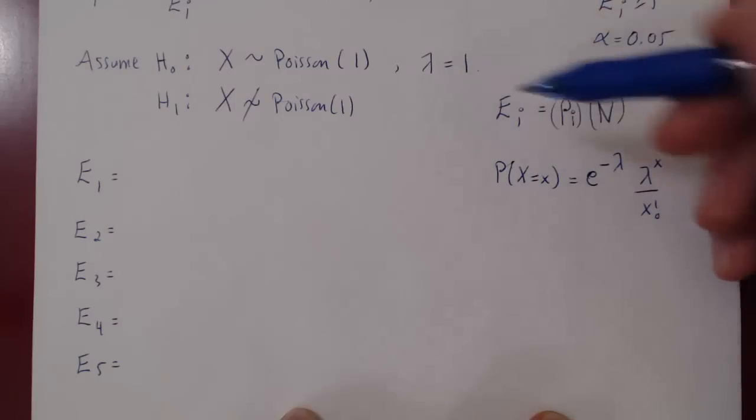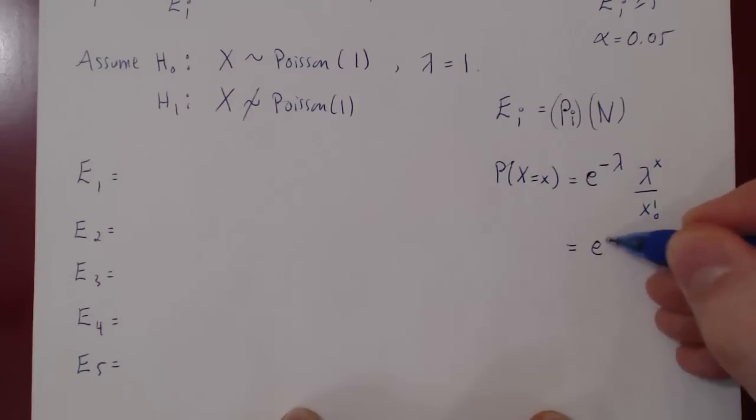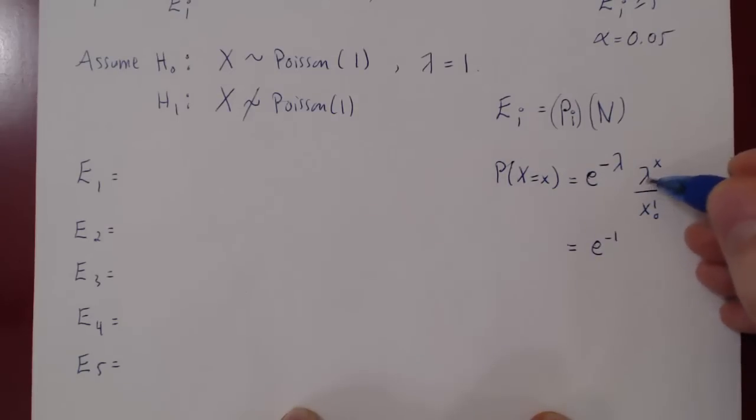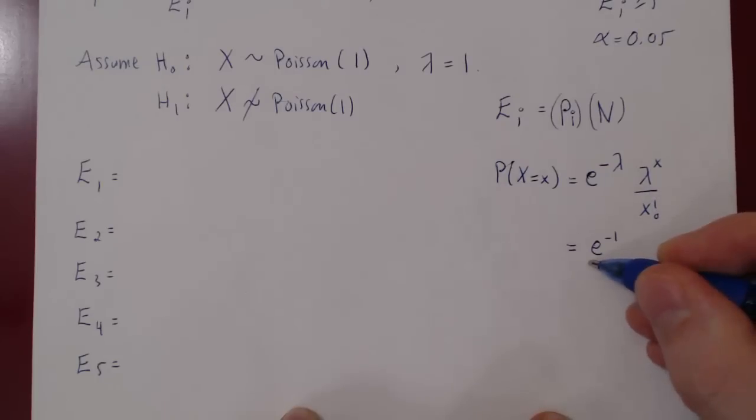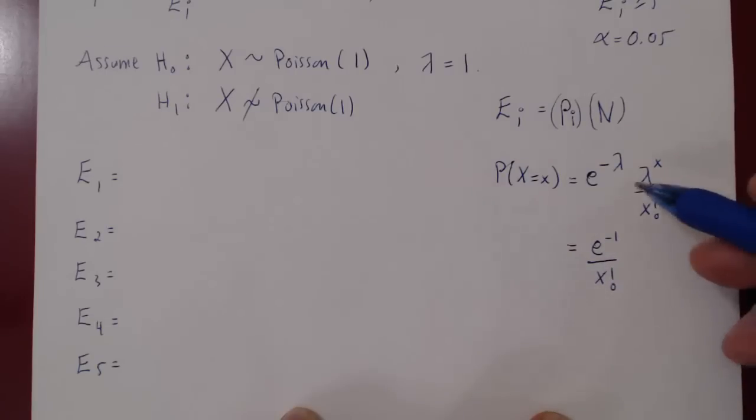But here, since the mean is 1, we will get e to the negative 1. Now 1 to any power is simply 1, so it will be e to the negative 1 over x factorial. Because the mean is 1, it gives us a slightly simpler expression.